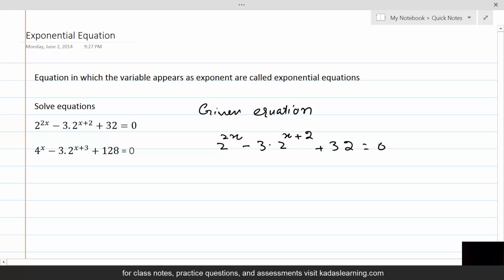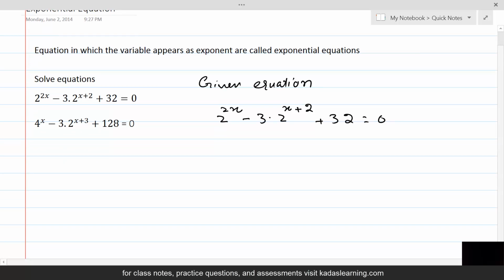This equation is called an exponential equation because the variable x appears in the exponent. So let's write this down as 2 power 2x minus 3 times 2 power x times 2 power 2.